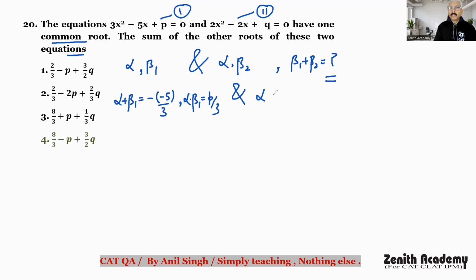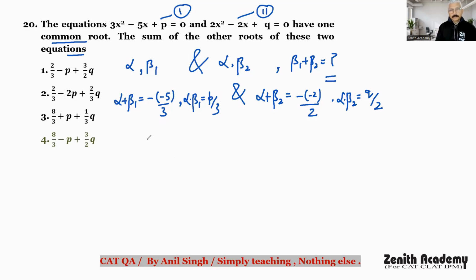And here alpha plus beta 2 is 2 by 2, and alpha into beta 2 is q by 2.